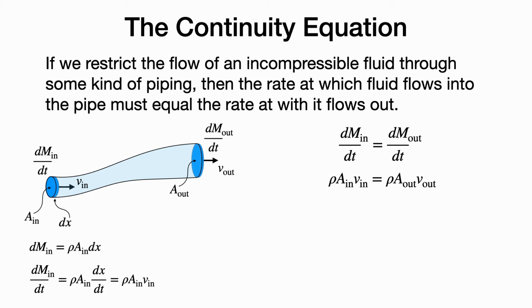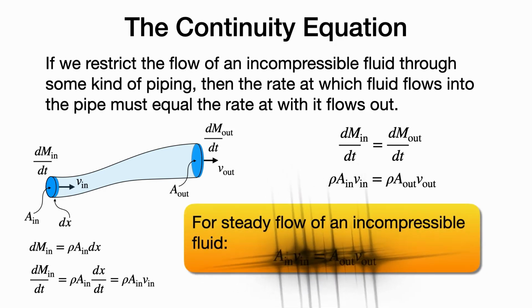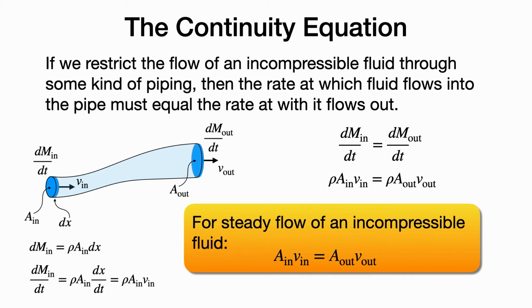It has a cross-sectional area of A out and a velocity V out, and we see that the rate at which fluid flows in, density times A in times V in, must be equal to the rate at which fluid flows out, density times A out times V out, which gives us what's called the continuity equation, which says that for steady flow of an incompressible fluid, the input area times the velocity with which fluid flows in is equal to the output area times the velocity with which fluid flows out.